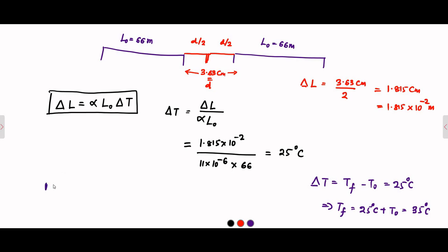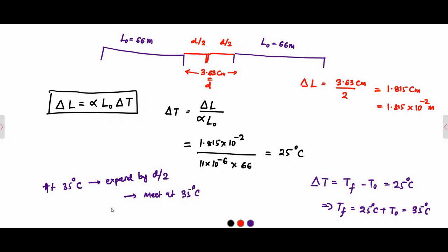So at 35 degrees Celsius, both the adjacent rails will expand by half the separation gap towards each other and finally meet at 35 degree Celsius.